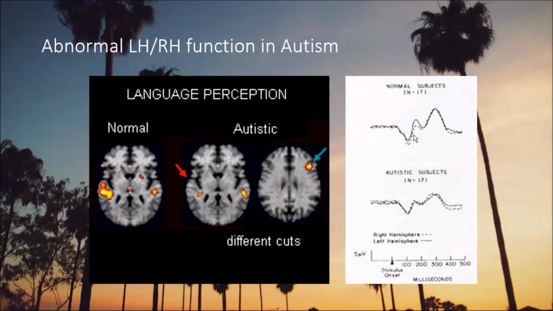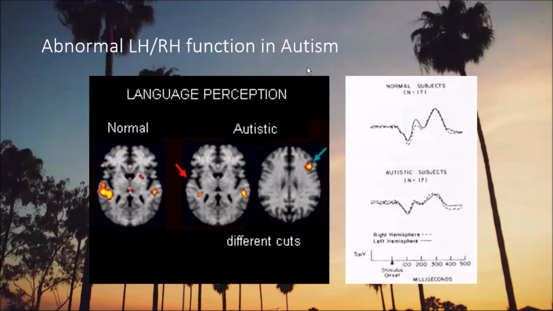In the normal subject first, the amount of cells is equal to that height. The left hemisphere is the higher one, the solid line, and the dotted line is the right hemisphere. You see little differences there, and that's early discrimination. There's no differences really until it's too late, and then there's not much height. Not as many cells are responding, and that was probably over the auditory cortex, I assume.